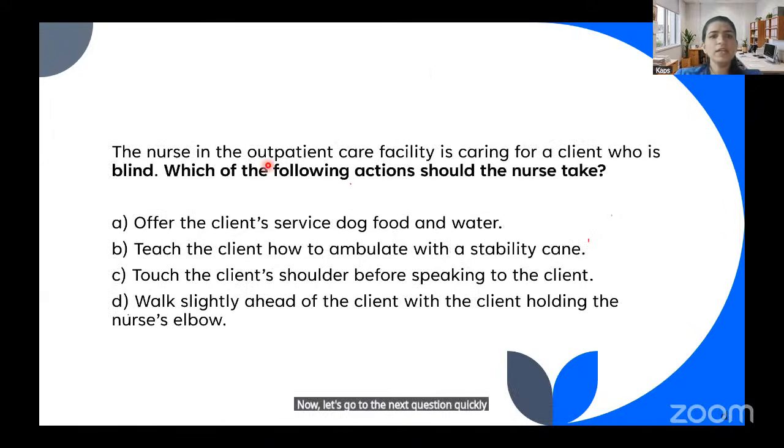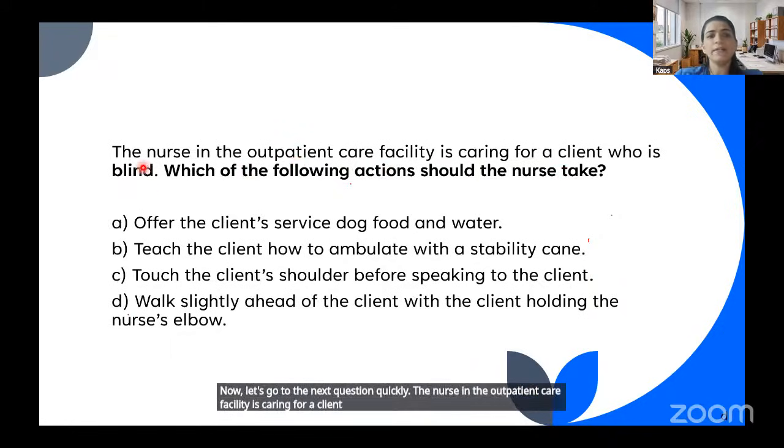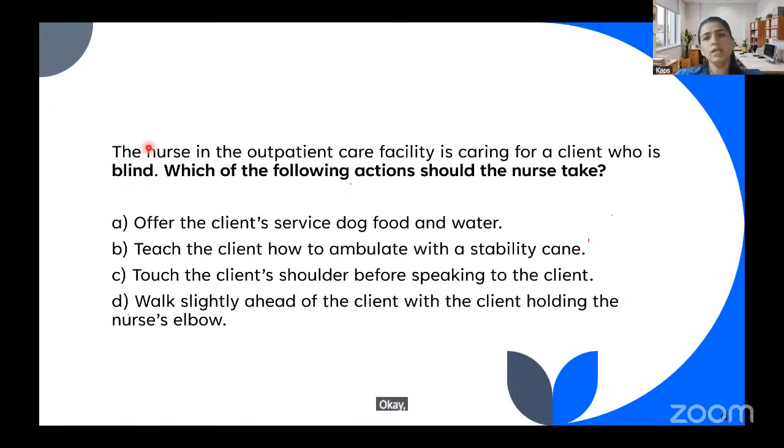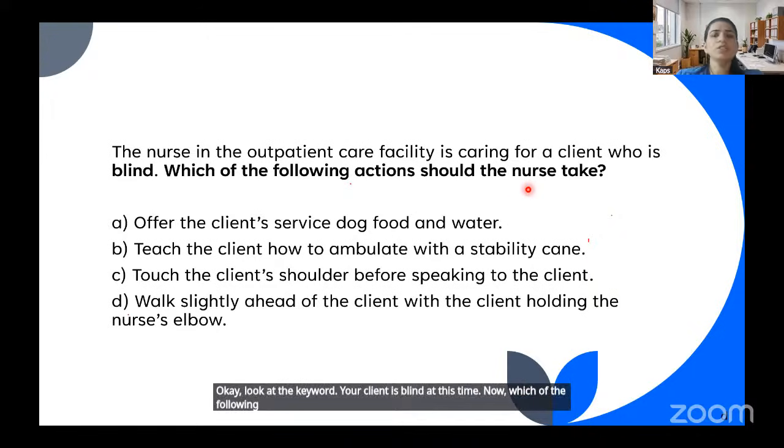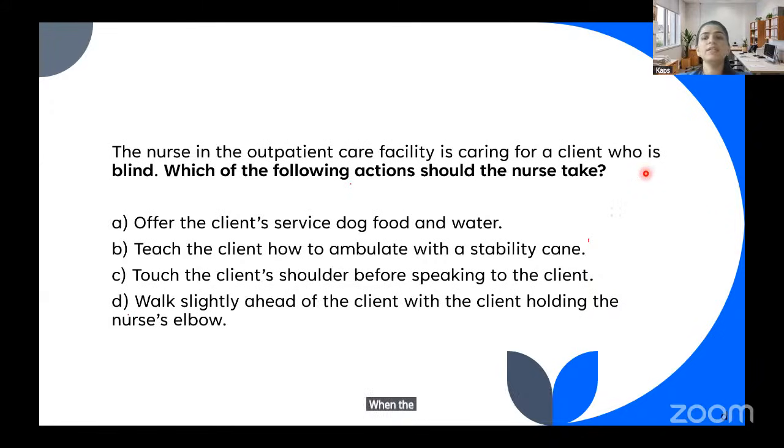The nurse in the outpatient care facility is caring for a client who is blind. Okay, look at the keyword. Your client is blind at this time. Now, which of the following actions should the nurse take? This is an example of a question, everyone, where the wording does not say anything like first or initial.